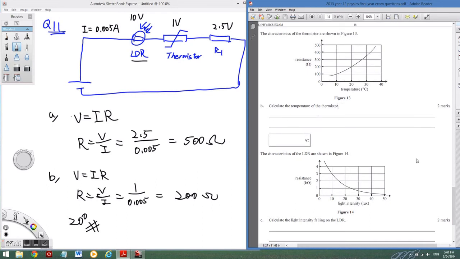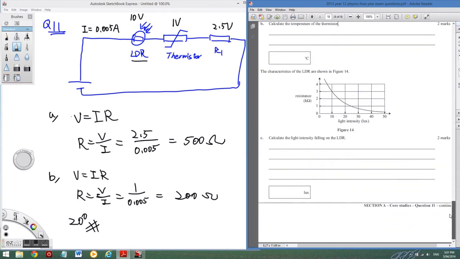Then we do question C. Now, in question C, it shows me the property of the light-dependent resistor. Again, the light intensity changes, the resistance changes.